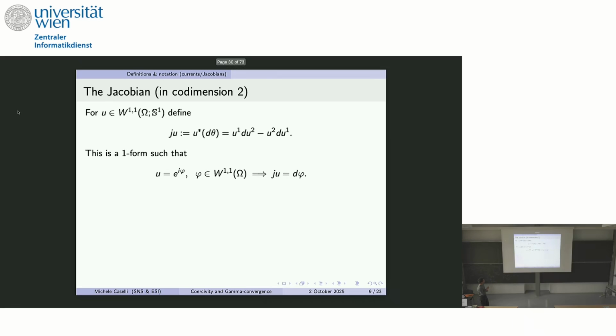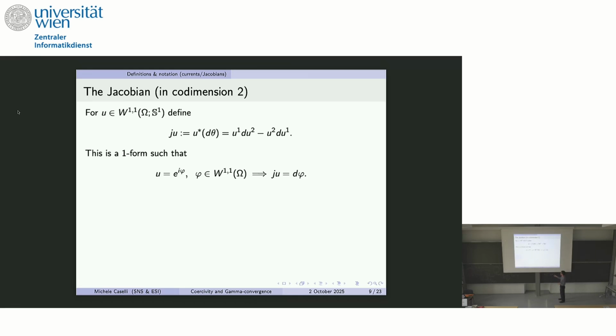Okay, so this is a one form, a regular one form, right? So this is from R^n, it eats a vector field and gives you a real number point by point. Okay, a standard one form, such that this property holds. This is very important to keep in mind to have an intuition of what the Jacobian does. Let me write it here, so that if you have a map that lifts in W^{1,1}, and this need not be the case.